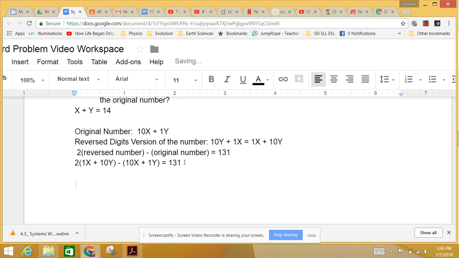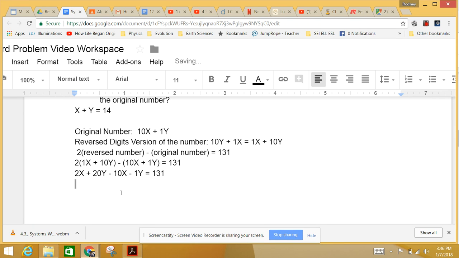Assuming you're back from pausing, let's go ahead and simplify this equation. We're going to distribute the 2. That's the first thing we need to do. 2 times 1x is 2x, plus 2 times 10y is 20y, and that's going to be minus, I don't have anything to distribute except the negative 10x minus 1y, all equals 131.